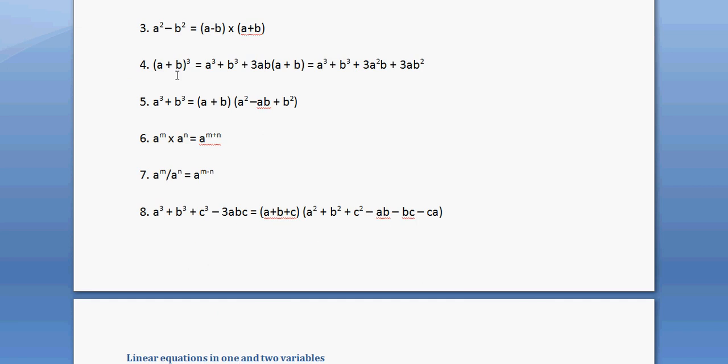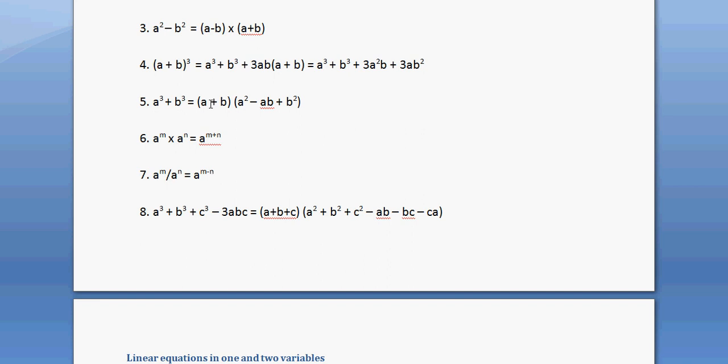Then there is a plus b whole cube, which is equal to a cube plus b cube plus 3ab multiplied by a plus b, or it can again be reduced to this form, right? Just keep this formula in mind. Another formula is a cube plus b cube, which is equal to a plus b, a square minus ab plus b square. And if you have to do a cube minus b cube, just replace b with minus b.